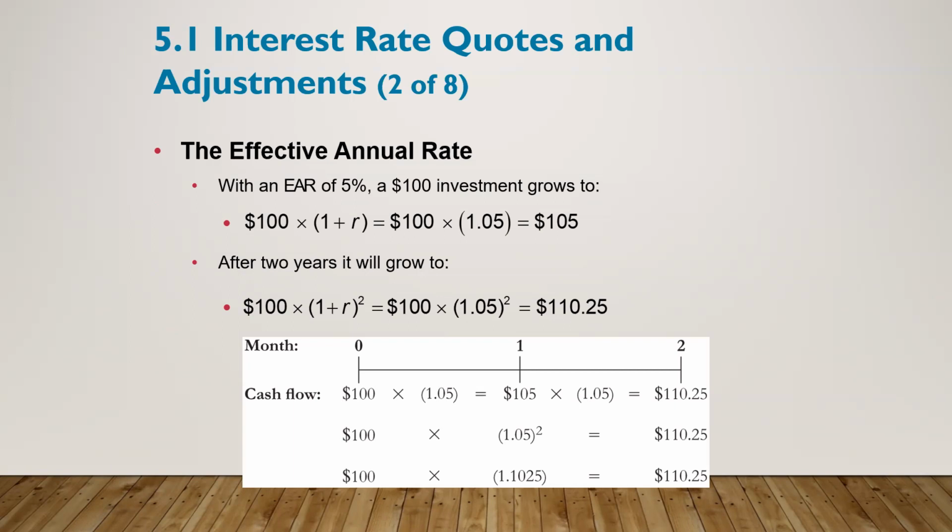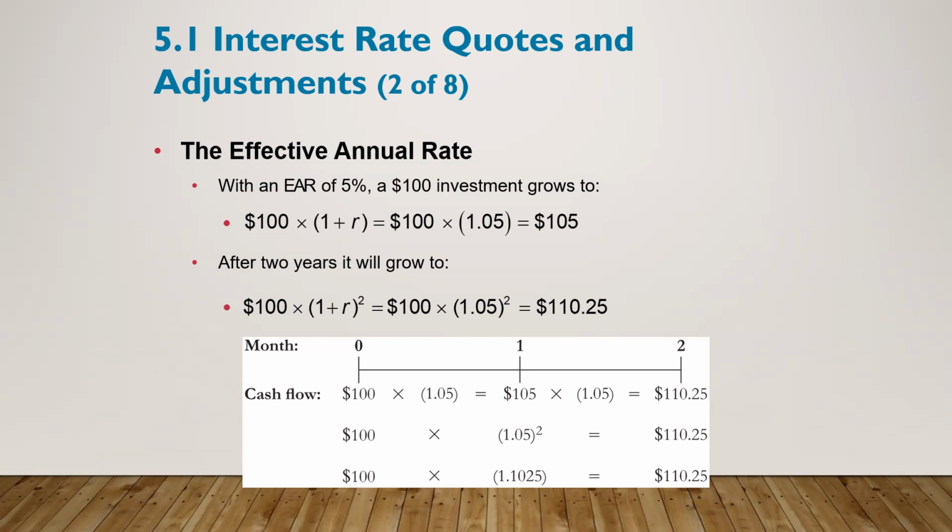For instance, as you see here, with an EAR of 5%, a $100 investment would grow to $100 times (1 plus R) equal $100 times 1.05, which will equal $105.